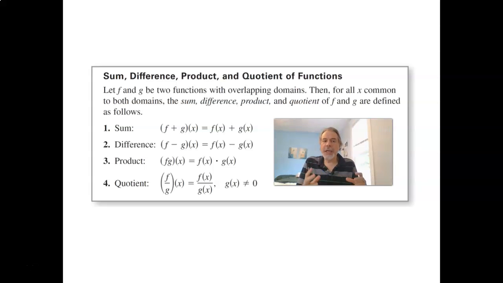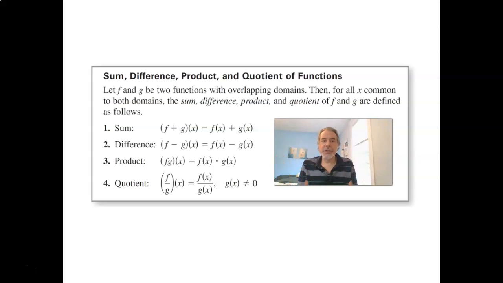So the domain of f plus g is made up of everything that you could put into both f and g individually. Often, that's going to be all real numbers. But if there's anything that doesn't work in either f or g separately, then you're not going to be allowed to plug it into f plus g.